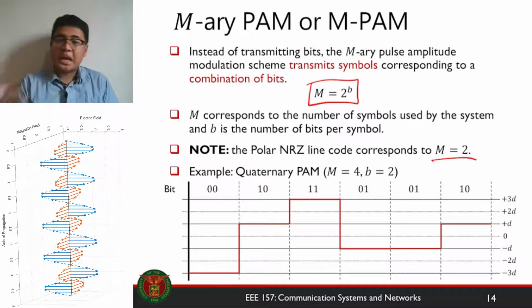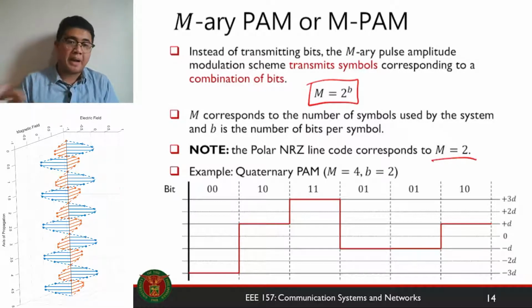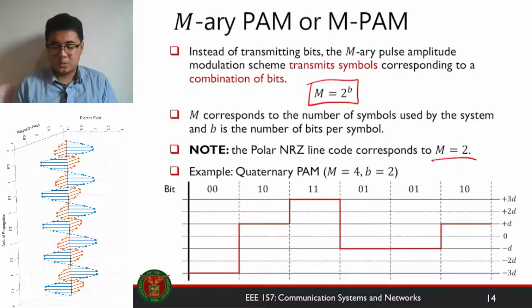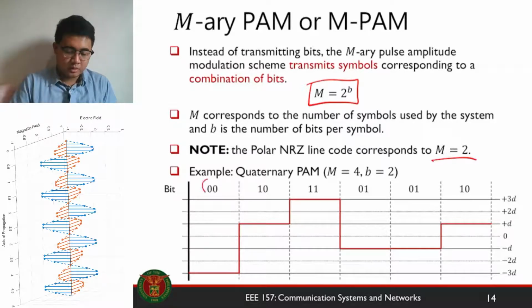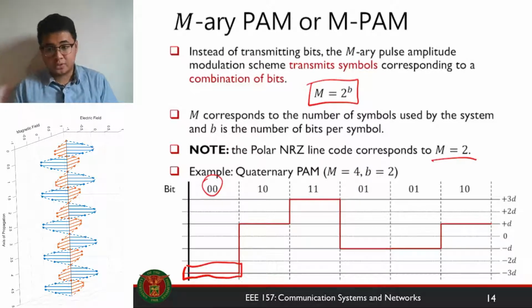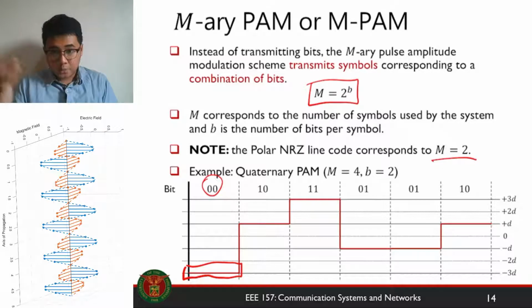So another example of PAM is the quaternary PAM. The simplest method here is that 0, 0 corresponds to the lowest level, and so on and so forth. Your 4 different bit combinations for the quaternary PAM are mapped into 4 different signal levels.